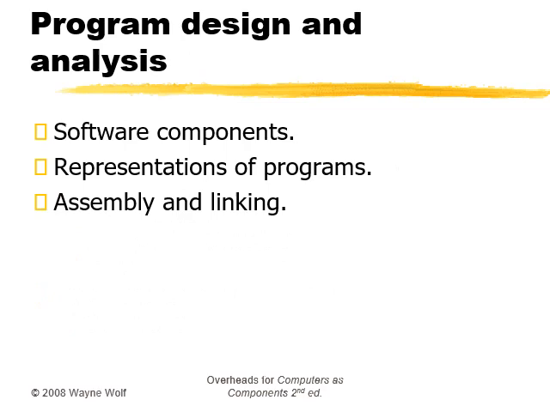When designing a program or analysis, it must go through these steps: software components, representation of programs, assembly, and linking. We are going to look into these one by one in detail. First we start with the software components, which are also known as components of embedded programs.